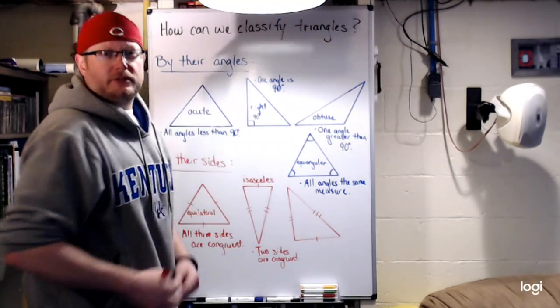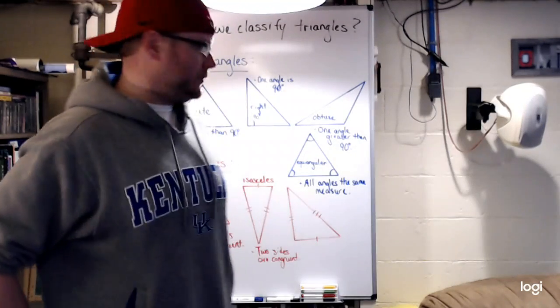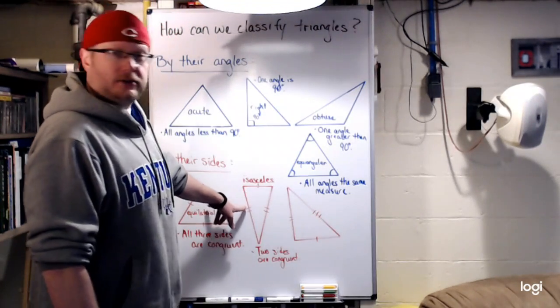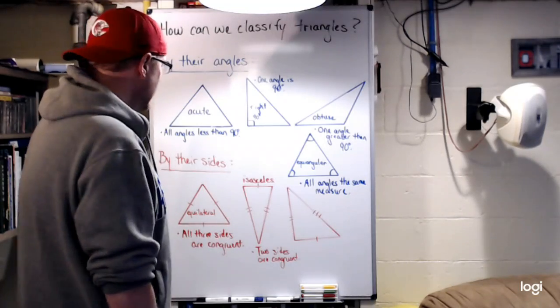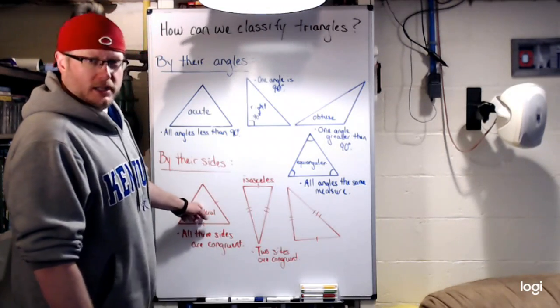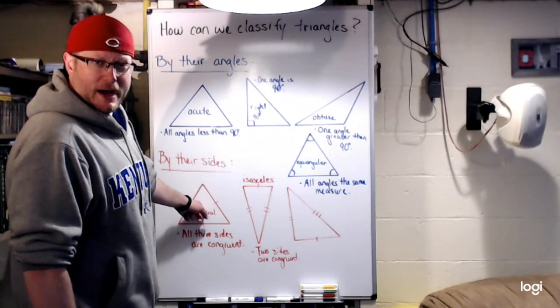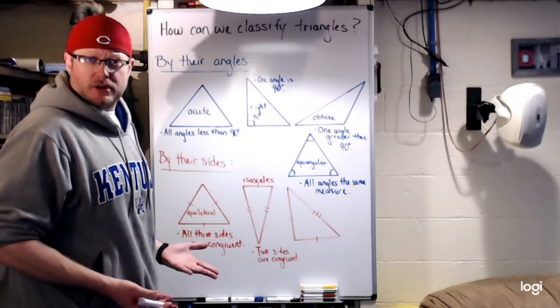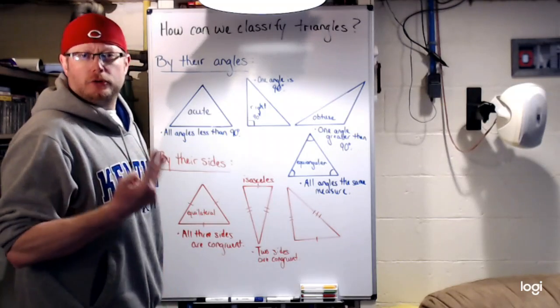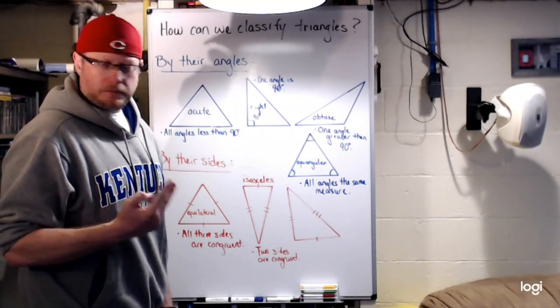Now, here's the thing. Just to not get confused here, these actually fall in the same category sometimes. They have some overlap. All equilateral triangles, by definition, are also isosceles, because the definition of an isosceles triangle is two sides must be congruent, right?